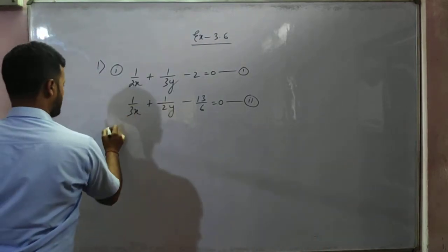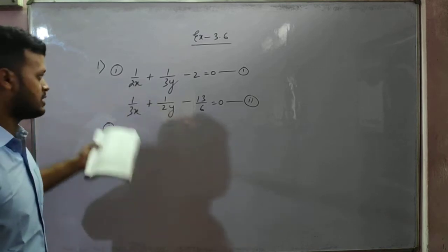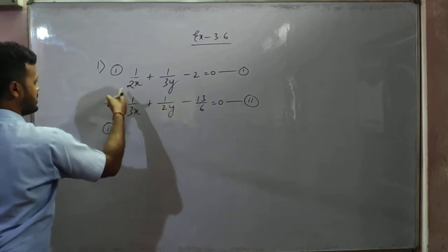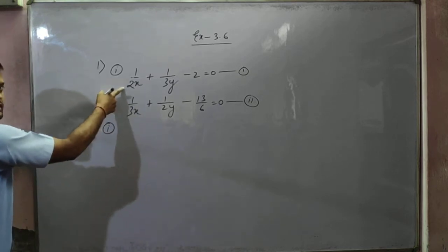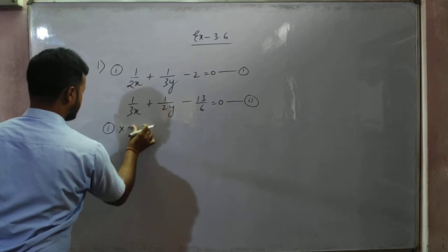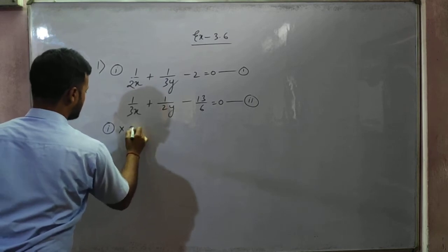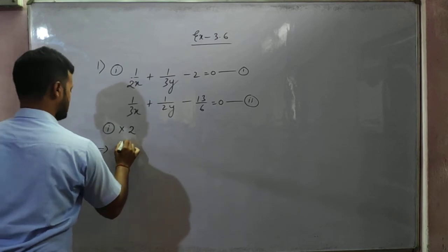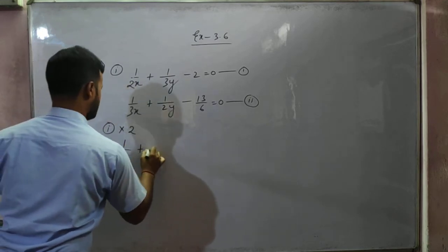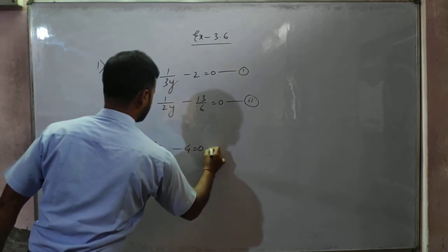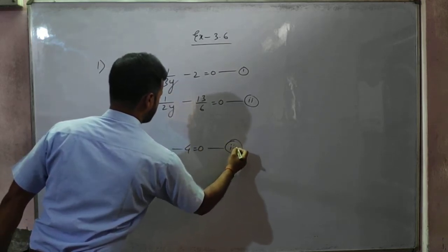Suppose 1 by 2x is there. What I will do, students, is that here I saw that in the denominator what number is there? 2 is there, no? So 1 into 2 I will do. I will multiply the full equation by 2. So if I multiply by 2, then what will happen, students? It will become 1 by x plus 2 by 3y minus 4 equal to 0, mark it number 3.